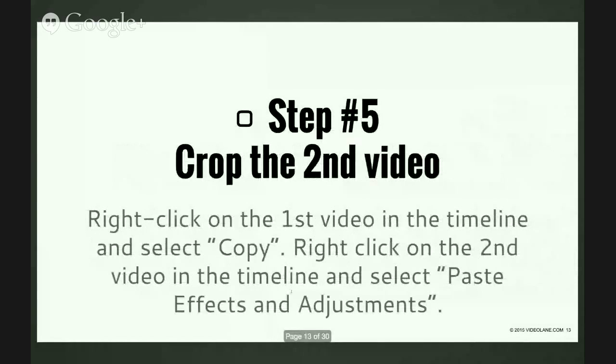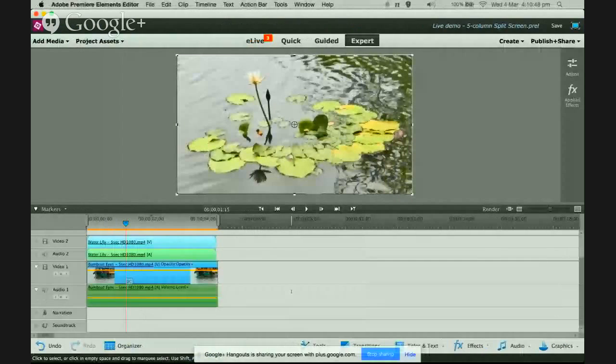Next step, step number 5, crop the second video. Right-click on the first video in the timeline and select copy. Right-click on the second video in the timeline and select paste effects and adjustments. What it means is, I'm going to crop this video, but I've already done the 40% just now on the first clip, so I don't want to do extra work.